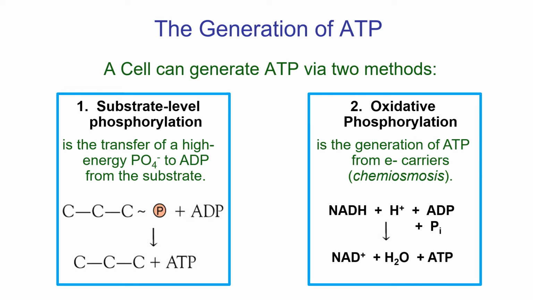But electrons are going to be bounced along a series of proteins embedded within the inner membrane, and that energy from those electrons is going to be used to pump hydrogen protons into the space between the two membranes of the mitochondria. So we set up a proton gradient, and we're going to use that gradient to generate ATP. And we'll talk about that in a bit. There's several steps to this.